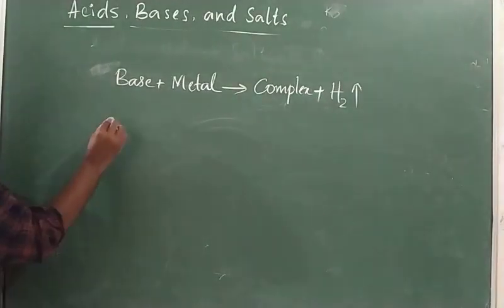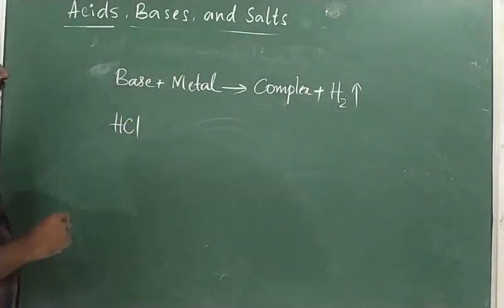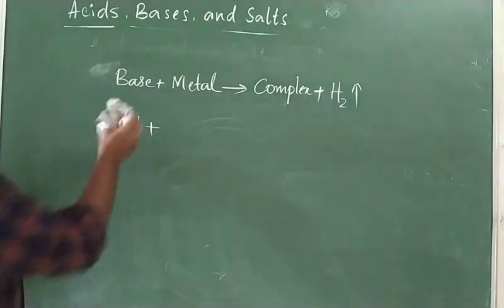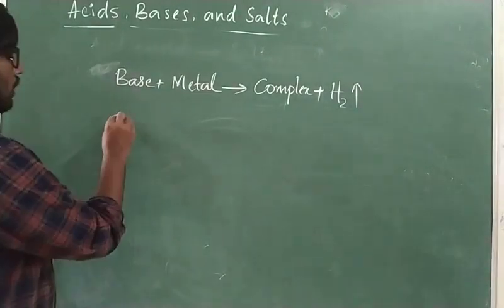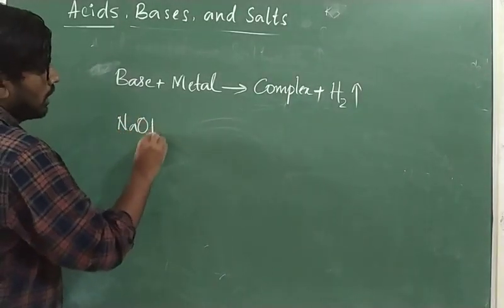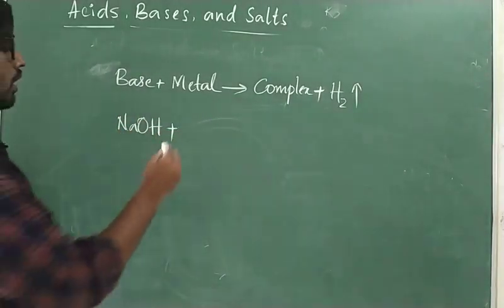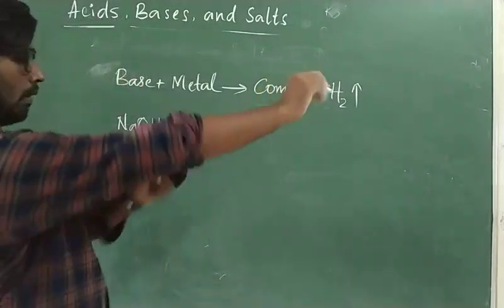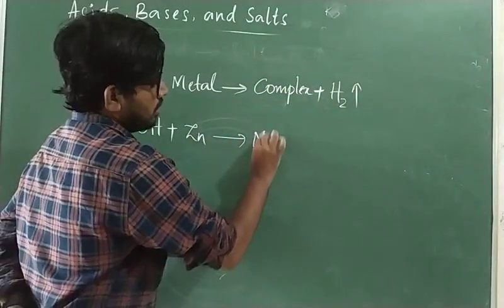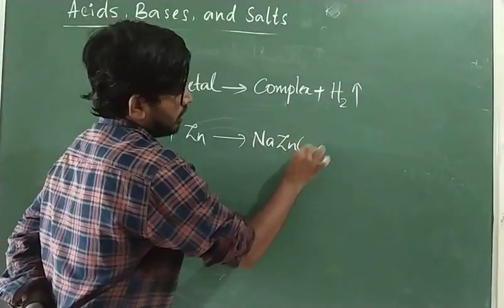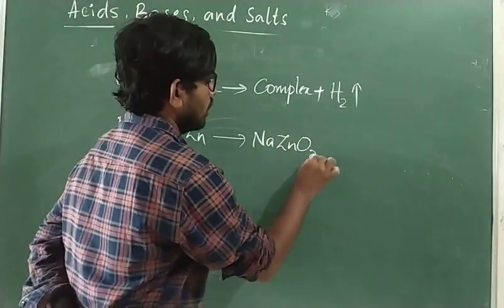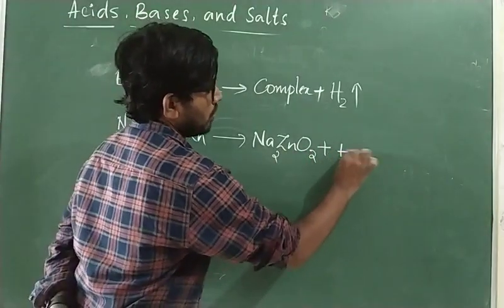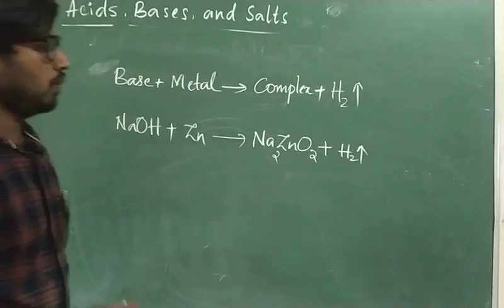Suppose we take NaOH, sodium hydroxide. If we take zinc here, what happens? It is going to form sodium zincate, and sodium zincate is going to produce hydrogen gas.